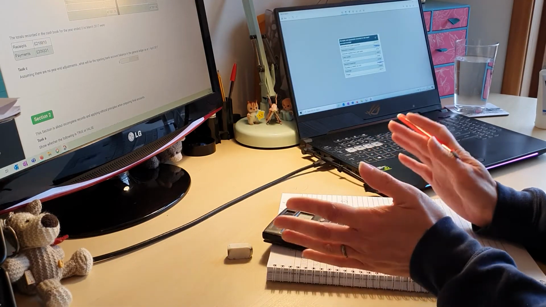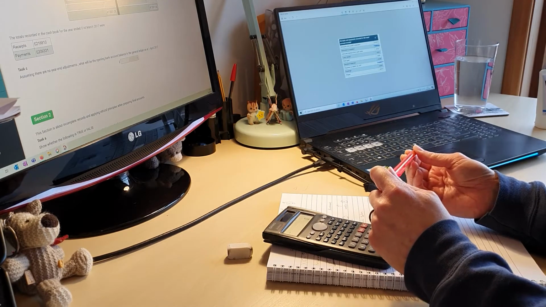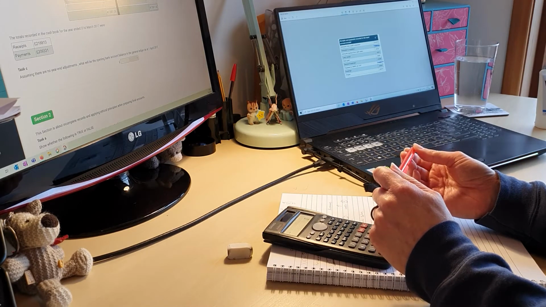I feel like I'm missing something. Assuming there are no year-end adjustments, what will be the opening bank account balance in the general ledger?